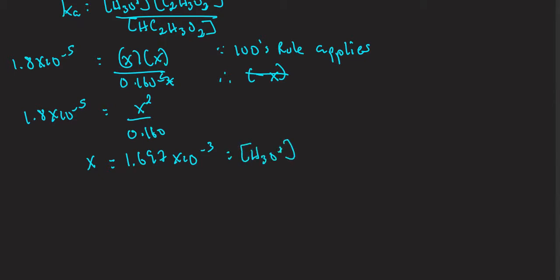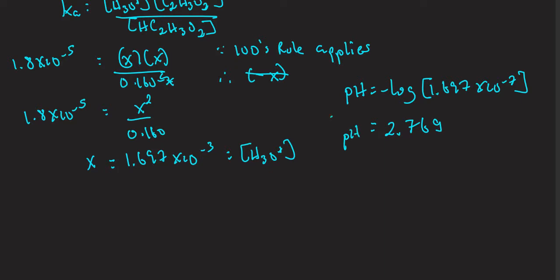The question is asking for the pH at this point, so pH is the negative log of this concentration of hydronium, which is 1.697 times 10 to the negative 3. Plug that in and you get a pH of 2.769, and that is the pH of your first point. I haven't rounded to sig figs, but there is the answer for your first point.